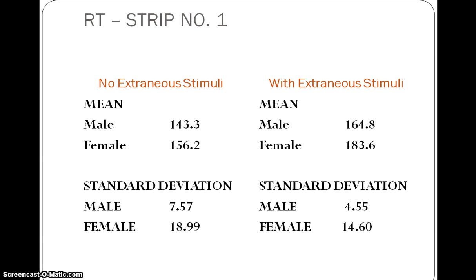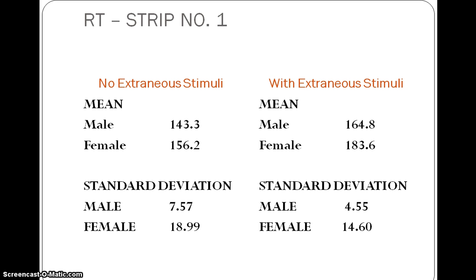And according to the mean calculated on the 10 subjects, we can analyze with extraneous stimuli and without extraneous stimuli, that the males still have a faster reaction time than the females.